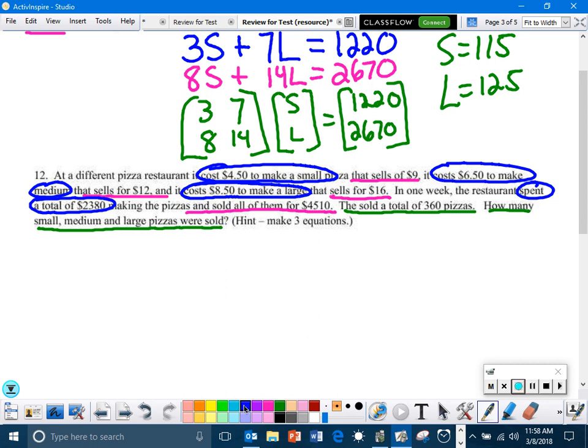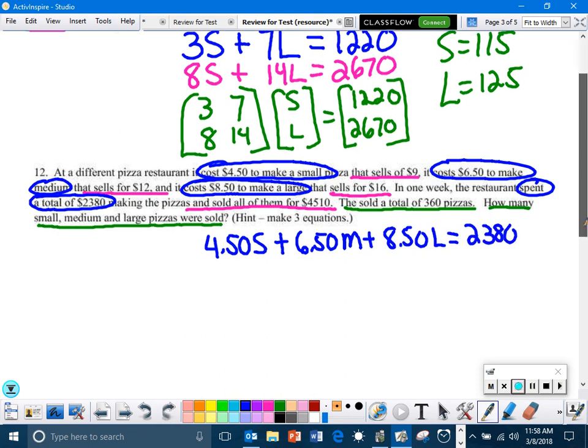So here we go. So the small, I'm doing the cost. Again, that's an S. $4.50 to make a small, plus $6.50 to make the medium, plus $8.50 to make the large. And they had to spend $2,380.